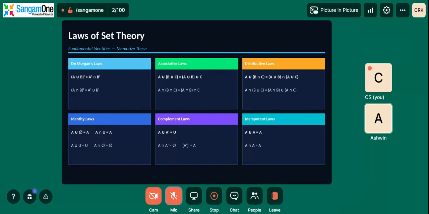Don't just memorize each law; without a particular problem you cannot understand the law with this explanation alone. You have to solve the problems regarding it.